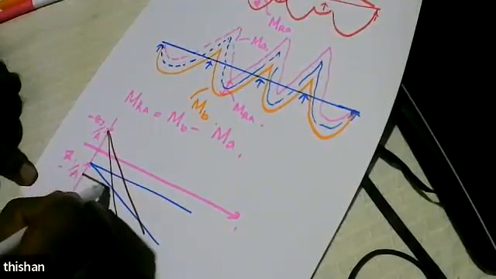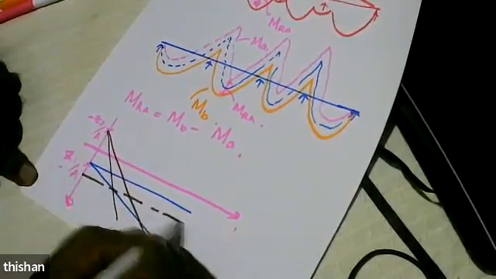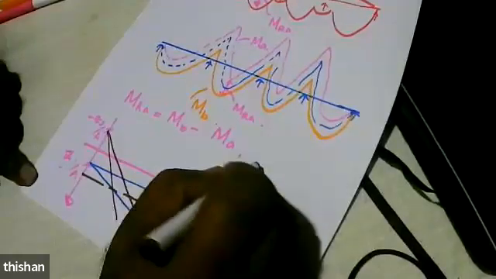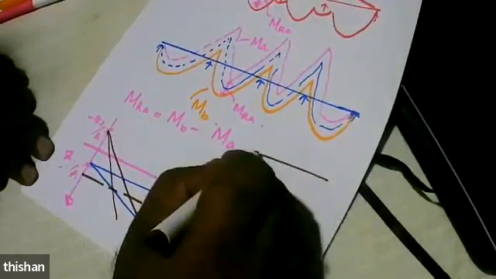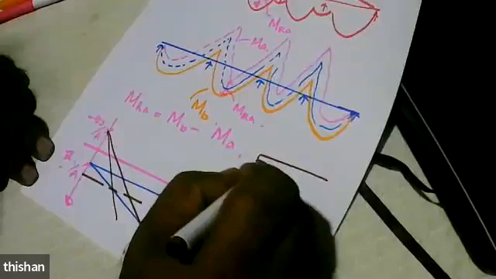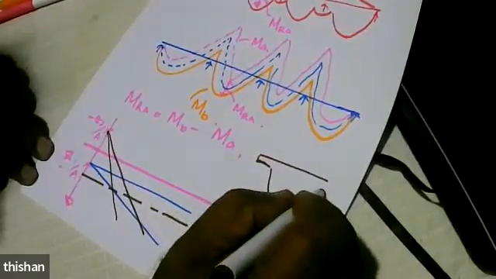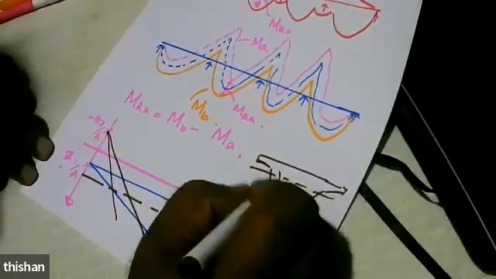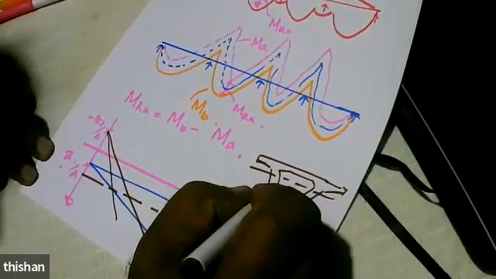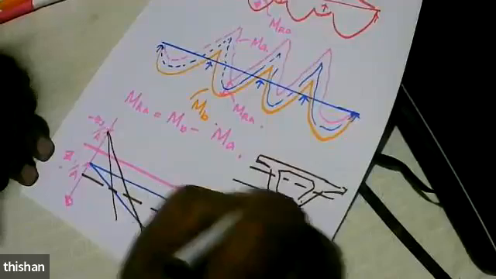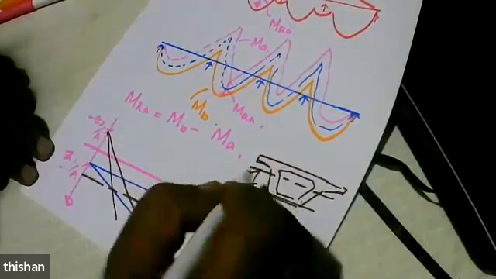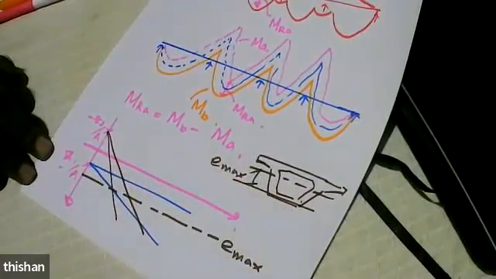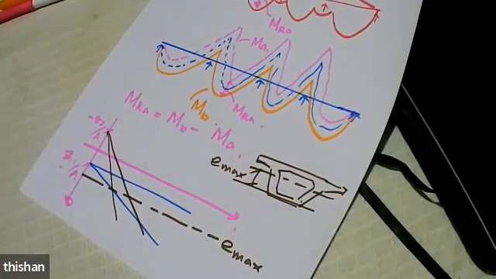We might also have a maximum eccentricity, because we are having a section like this where the centroid will be here, and there's a maximum eccentricity e max where we can place the tendons, the ducts.